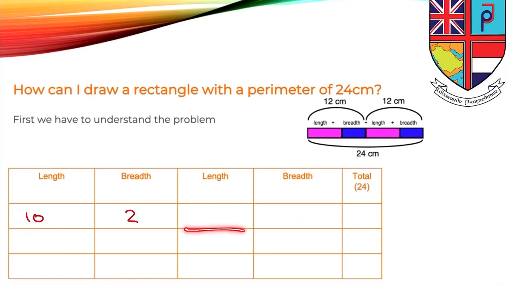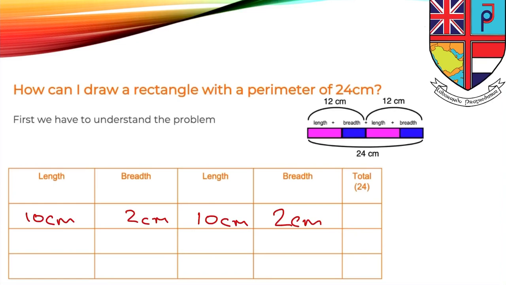The length on the other side has to also be correct, 10. 10 what though? We are using centimeters, aren't we? Let's not forget our centimeters. So if the breadth here is 2 centimeters, what does the breadth have to be on that side? Correct again. It has to be 2 centimeters. So what does that give us a total of?